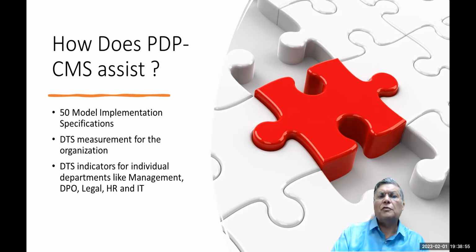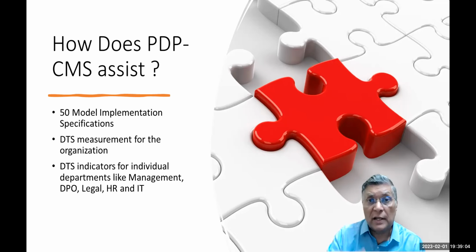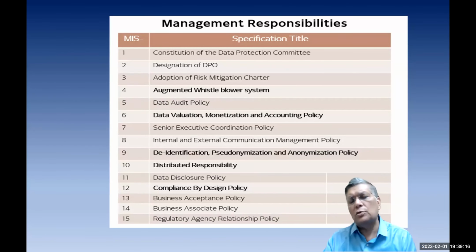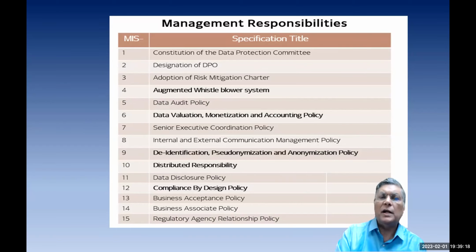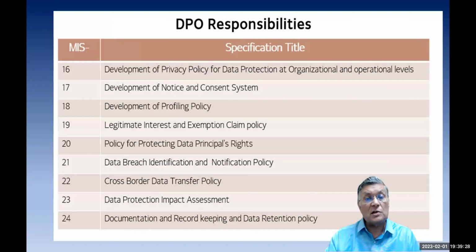If you look at our 50 model implementation specifications, which includes DTS measurement and also DTS indicators for individual departments, like how good is the management department, how good is the DPO, that is what our PDP CMS system can achieve. No other framework is able to do it. And those of you who have studied it know that we have divided the 50 implementation specifications into different responsibility centers. Management responsibilities is around 15, DPO responsibilities is around 9.